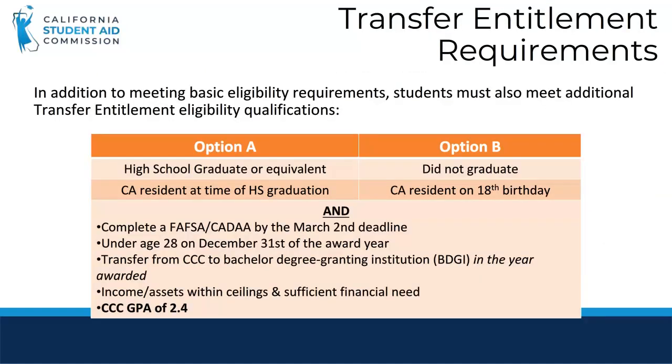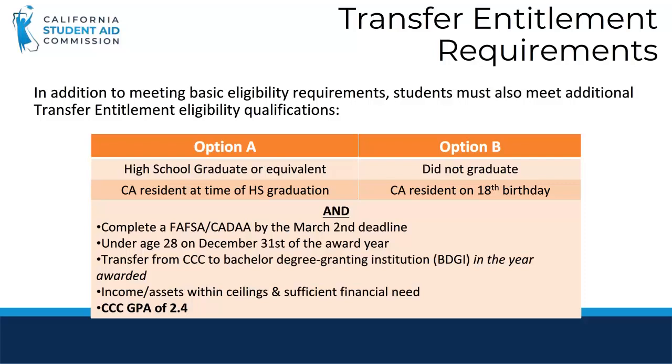The Transfer Entitlement Award is for students transferring from a California community college to a bachelor degree granting institution who meet these additional requirements. Option A would be the student graduated from a high school or equivalent and was a California resident at the time of high school graduation. Option B is if the student did not graduate but was a California resident on their 18th birthday.